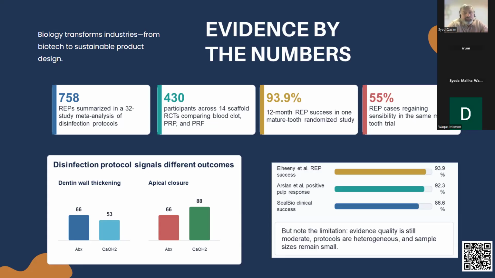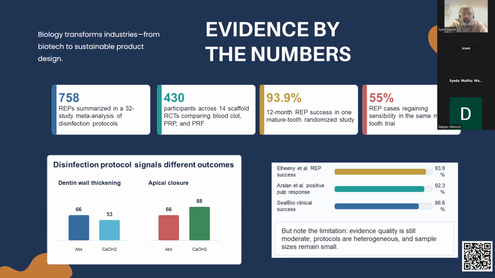So the first message is that we now have a reasonably sized understanding of the key questions through a number of different meta-analyses, and one of them is this first one, in which they've used REP, which stands for regenerative endodontic procedures.